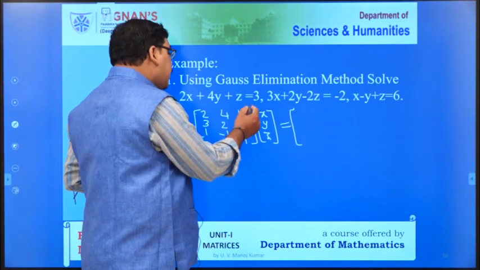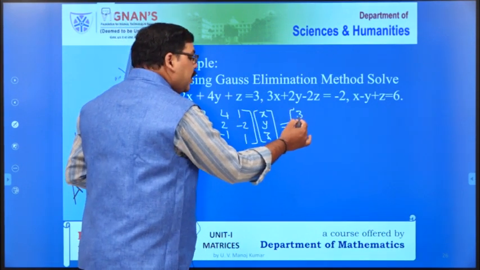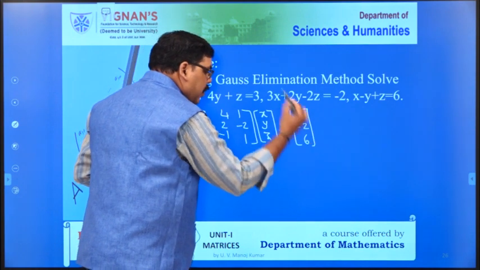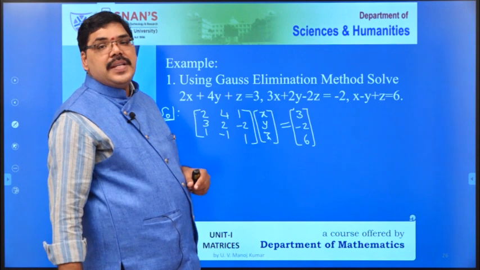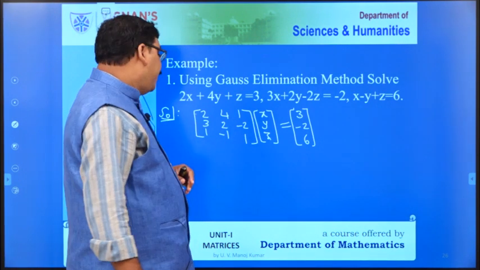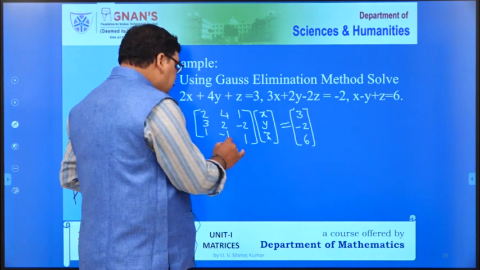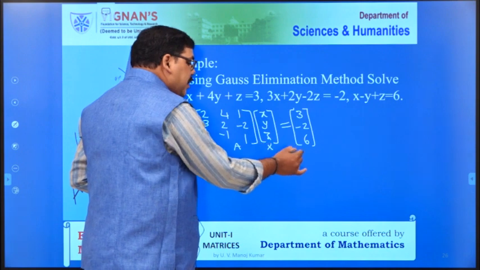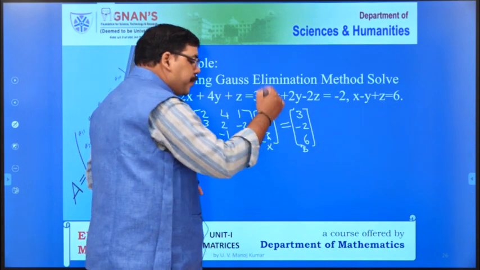What are the right hand side constants here? 3, minus 2, 6. So the given system of equations is written in matrix form, Ax = B. Now this is your A, this is your X, this is your B.